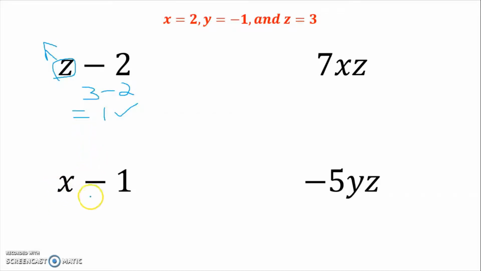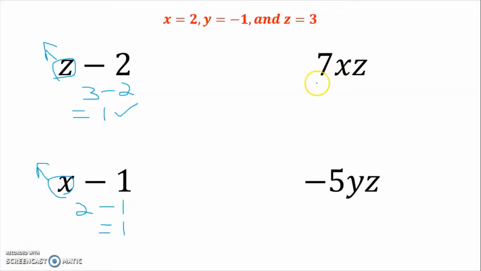Then we have x subtract 1. X equals 2, so the x will leave and the 2 will come in, so you get 2 subtract 1, which is equal to positive 1.